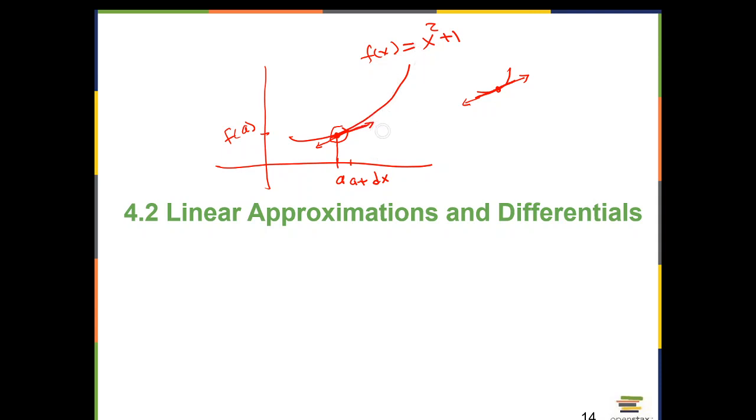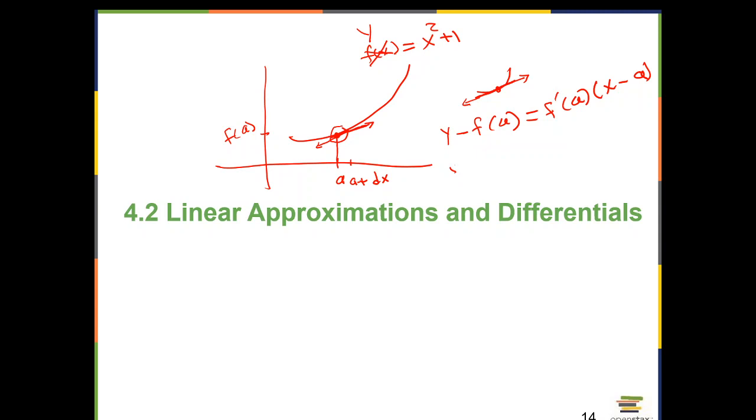But the equation of the tangent line at a is given by what? y minus f of a equals to f prime of a times x minus a, right? Now here, if we assume that f of x is the same as the straight line, the tangent line, then think of it, this is like y equals to x squared plus 1.